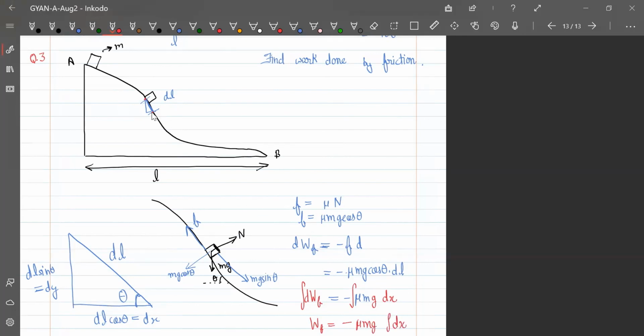So for every such small triangle, I can keep adding dx. These small dx add up, and what you will get is the horizontal displacement. How much is the displacement in the horizontal? It depends only on that.